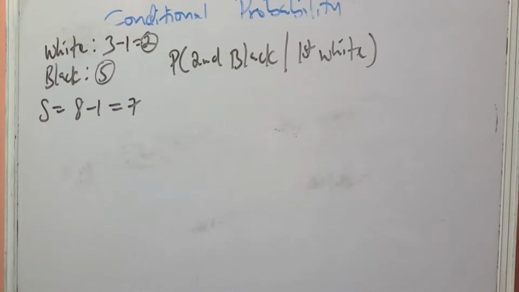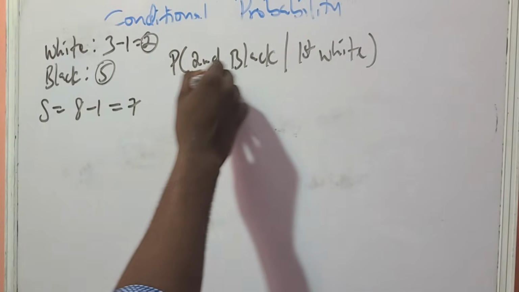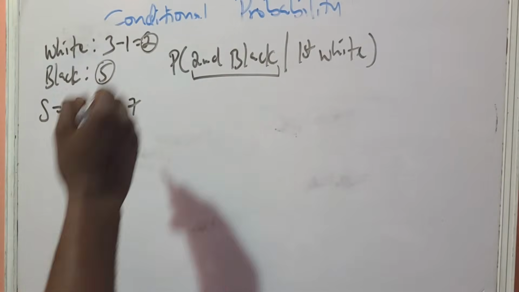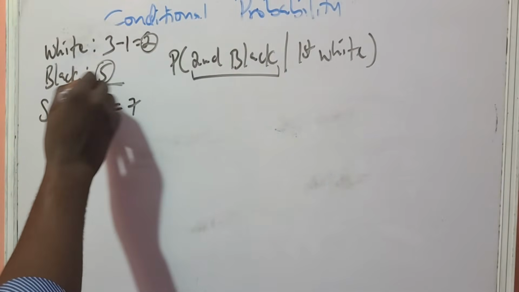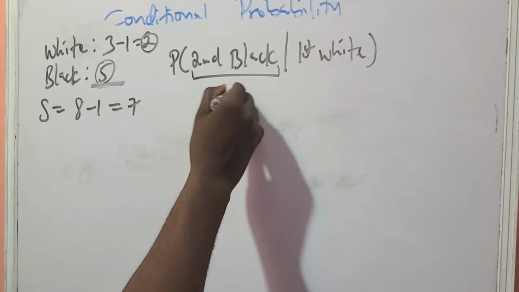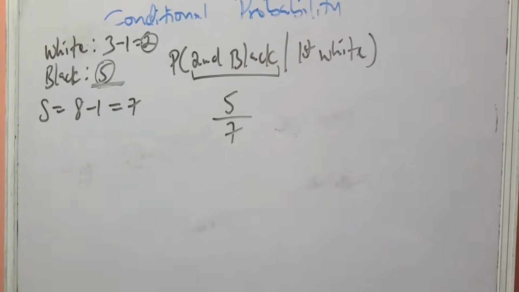So you have 7. So the probability of picking the second as black: your event space for black is 5. That will be 5 over 7. So that's the way you tackle questions without ever missing it.